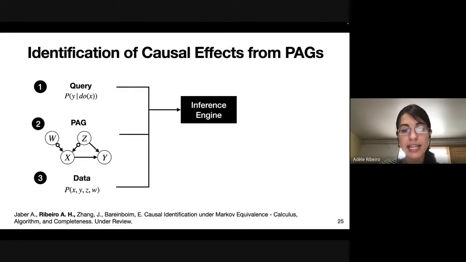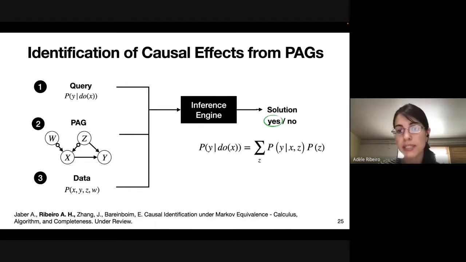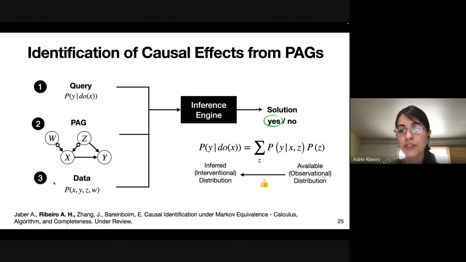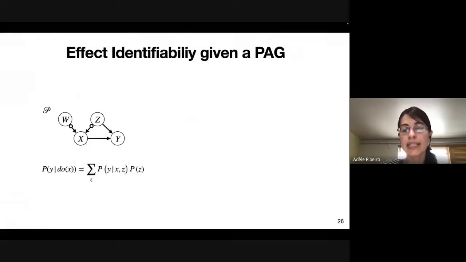So you have data, you have a PAG, you have the query, and now you can have either a solution or not, but every time that you have a solution, this means that you have an expression just in terms of the observational distributions available, determining the desired interventional distribution, and using only the representation coming from the PAG.